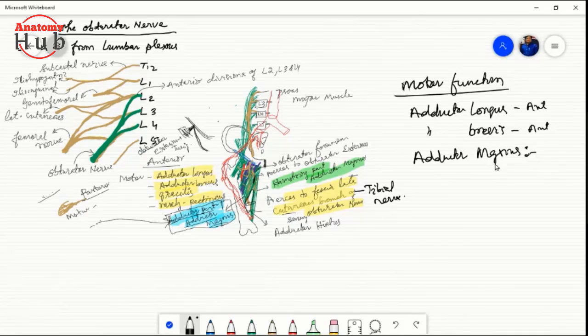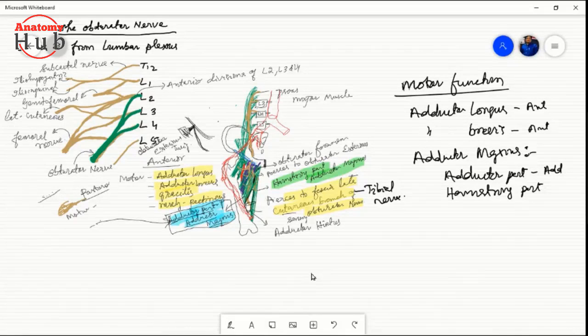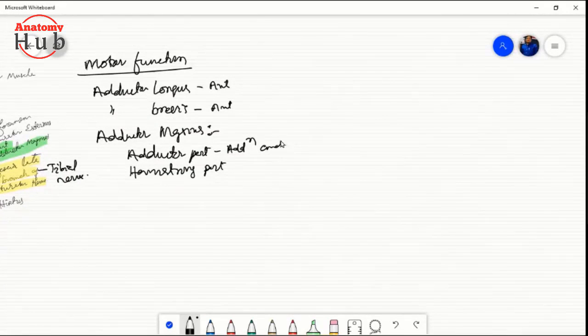Adductor magnus muscle has two parts: the adductor part and the hamstring part. The adductor part helps in adduction and flexion of the thigh, and the hamstring part helps in extension of the thigh.